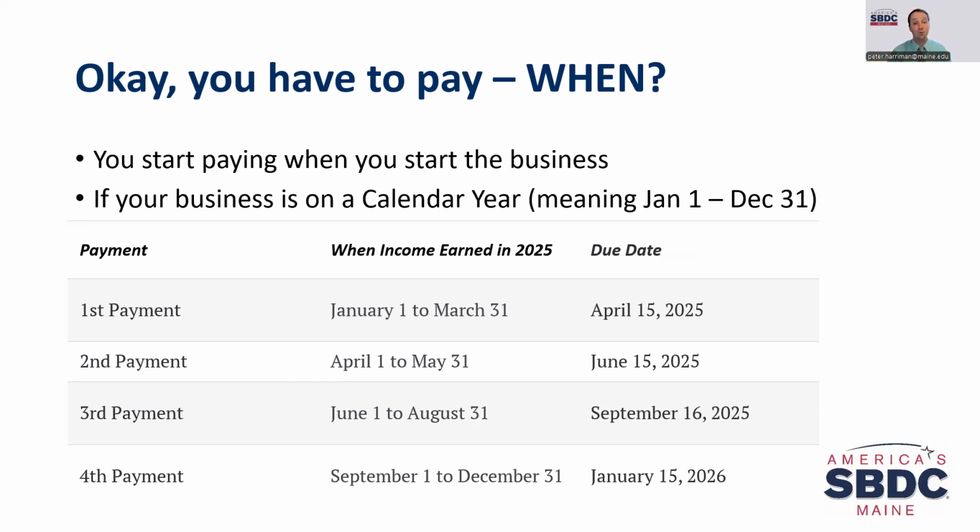It's a little misleading by the IRS, but we're looking at the due date, right? If I started my business June 10th, I don't have to worry about the April 15th or the June 15th estimated tax date because I wasn't in business during that period. But I was in business for the third payment, so I am going to have a payment due September 16th. That's how you use the schedule.